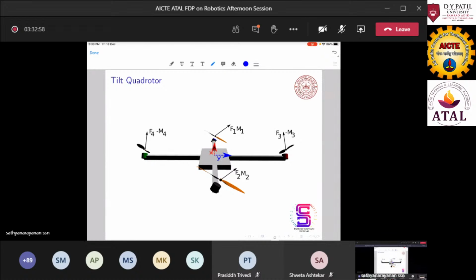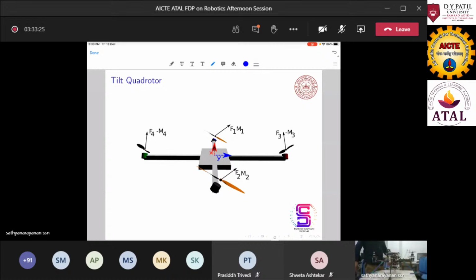This is a tilt quadrotor. As I said, what is a tilt quad rotor? It is the same as a conventional quad rotor, but each rotor has the ability to tilt.